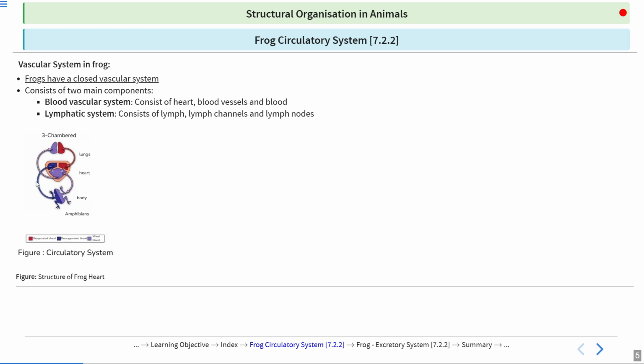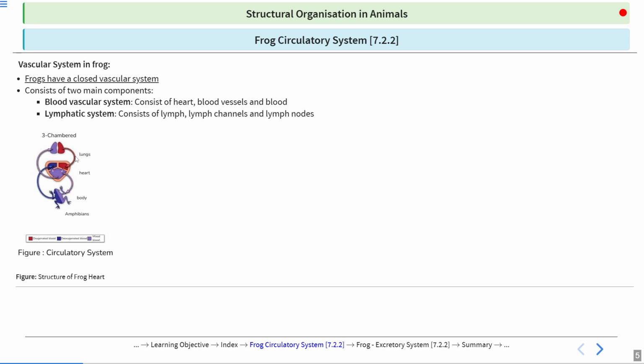But here you can see there is a closed circulation. The circulation between the lungs and the heart is called pulmonary circulation. And the circulation between the body parts and the heart is called systemic circulation.